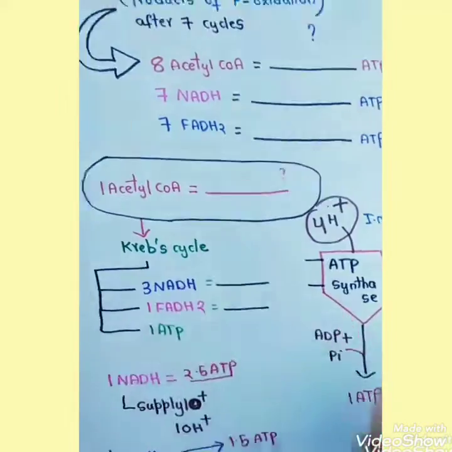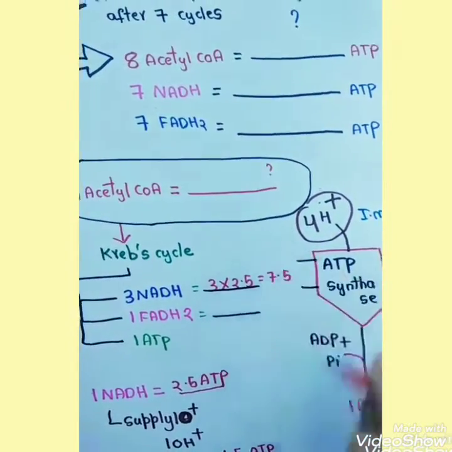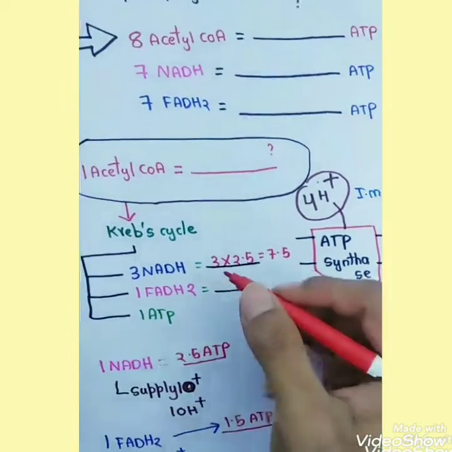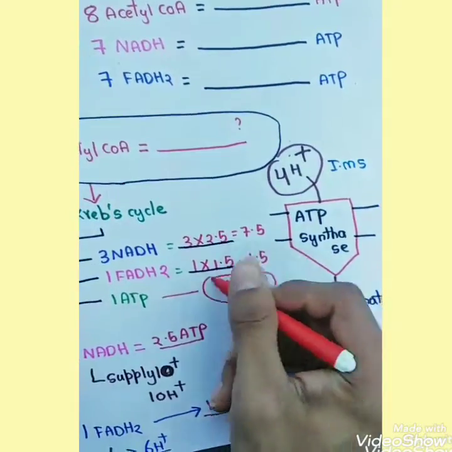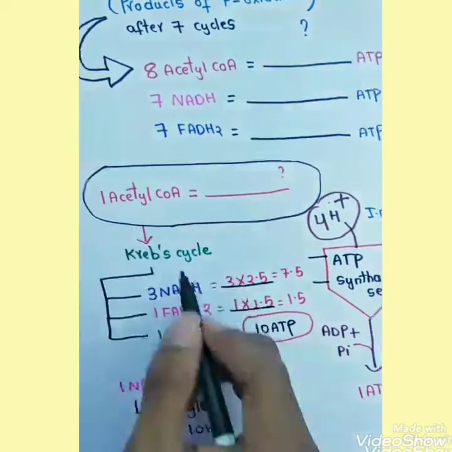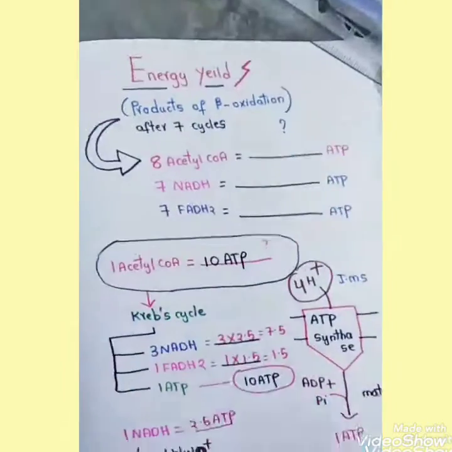So the 3 NADH above can yield 7.5 ATP and 1 FADH2 can yield 1.5 ATP. So overall, 1 acetyl-CoA in the Krebs cycle can yield 10 molecules of ATP.